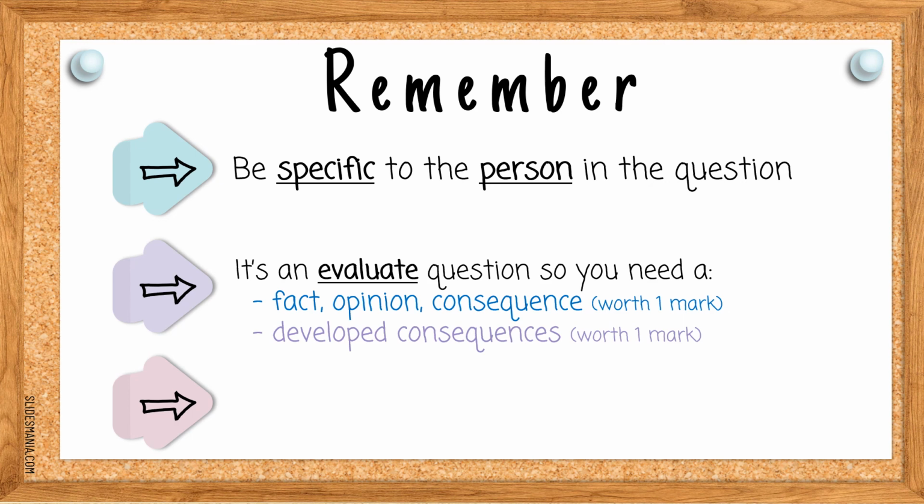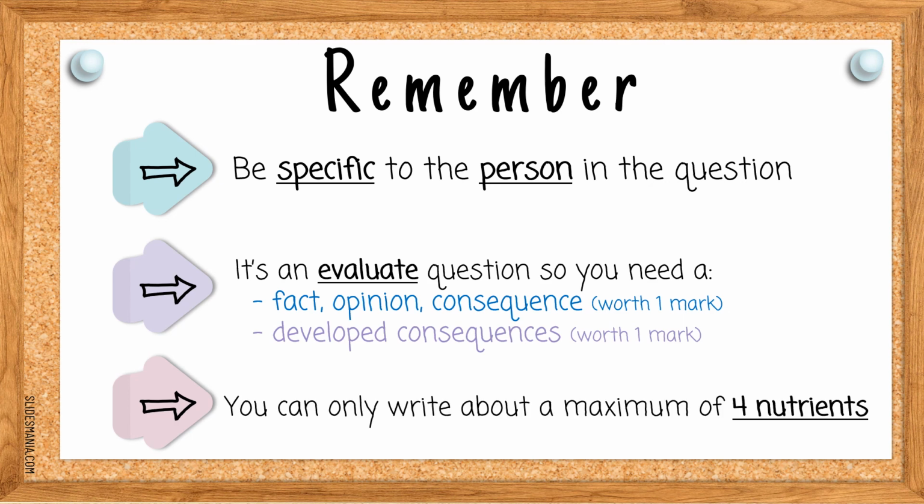Also remember it's an evaluate question, so you need to have a fact, an opinion and a consequence to get your first mark. And then you also need to provide some developed consequences, which is how you get a second mark for a nutrient. And the final thing to remember is you can only write about a maximum of 4 nutrients.